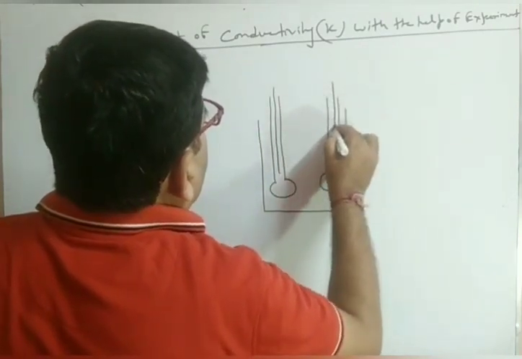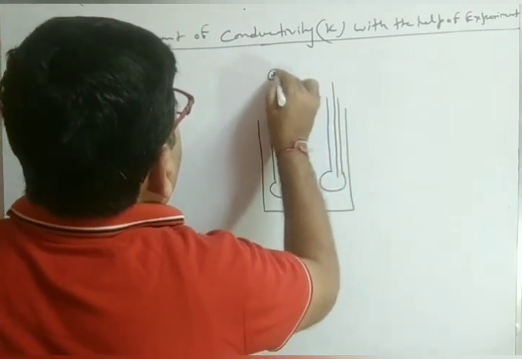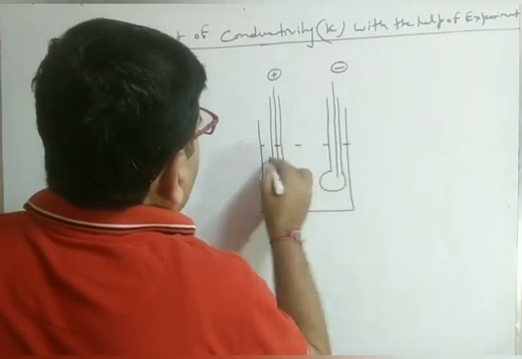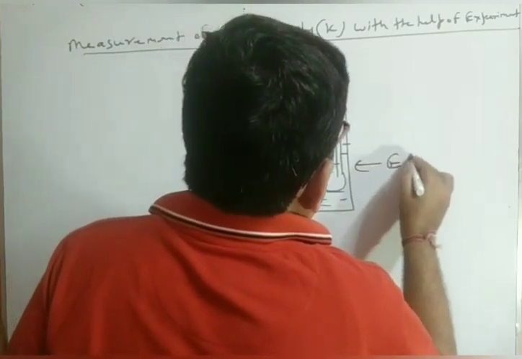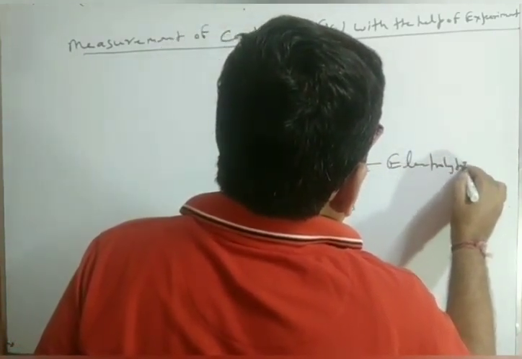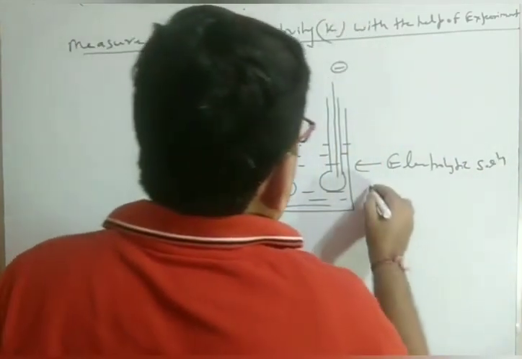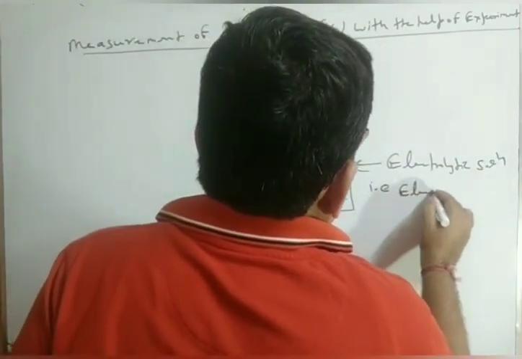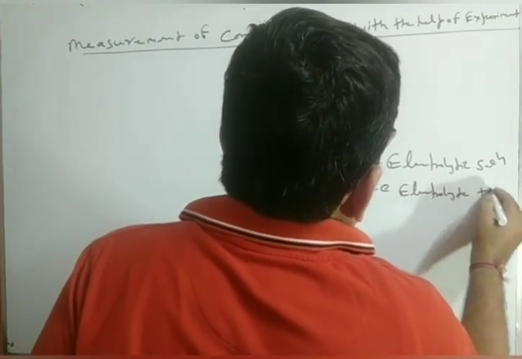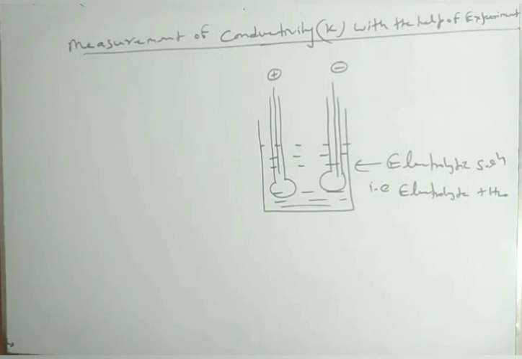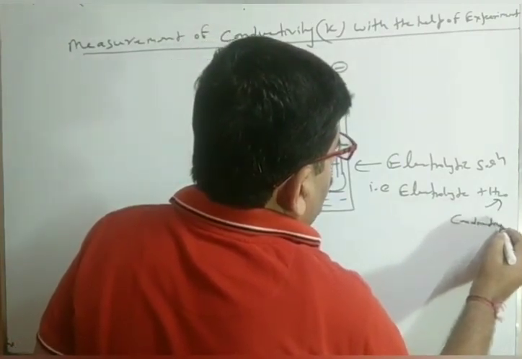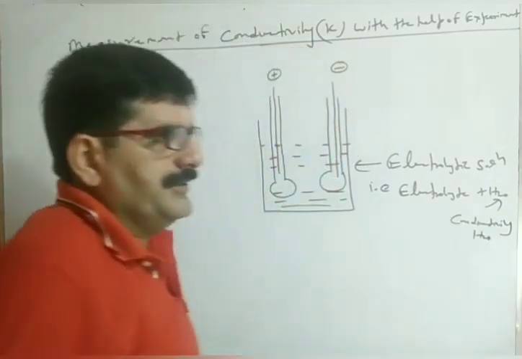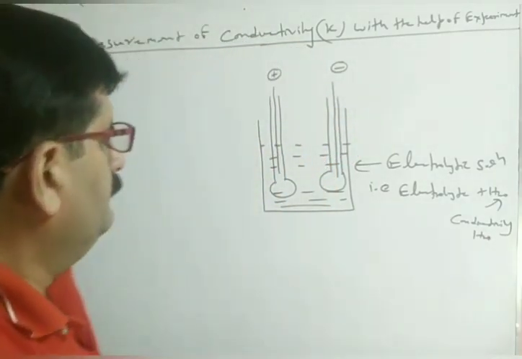Here we take electrodes, positive sign, negative sign. Both electrodes are dipped in the electrolytic solution, that is electrolyte plus water. Here the water we take is conductivity water, whose conductivity itself is considered to be what? 0.